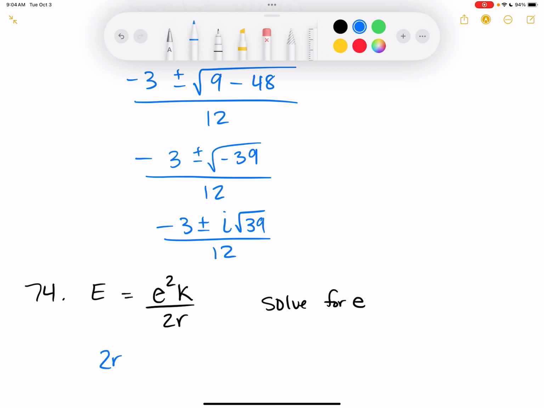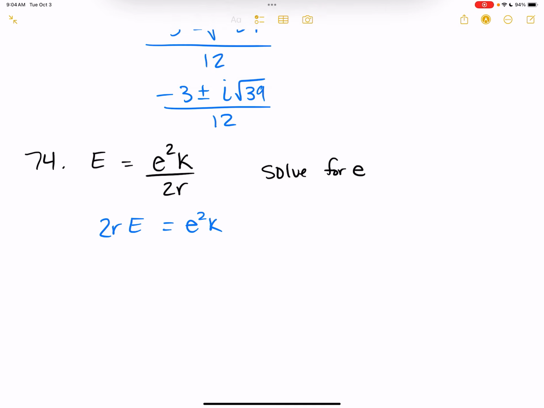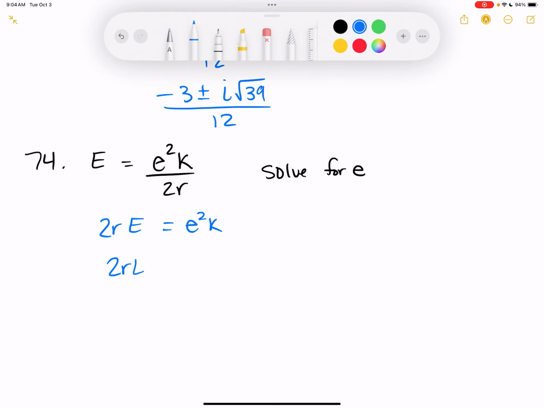So I've got 2r capital E is equal to e squared k. So then what? I want this by itself. Divide by k. So 2r capital E divided by k equals e squared.